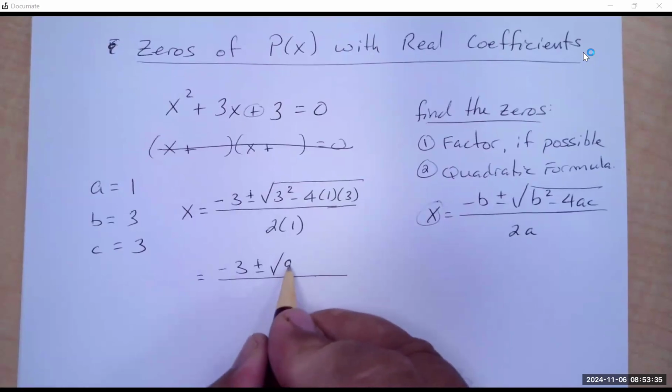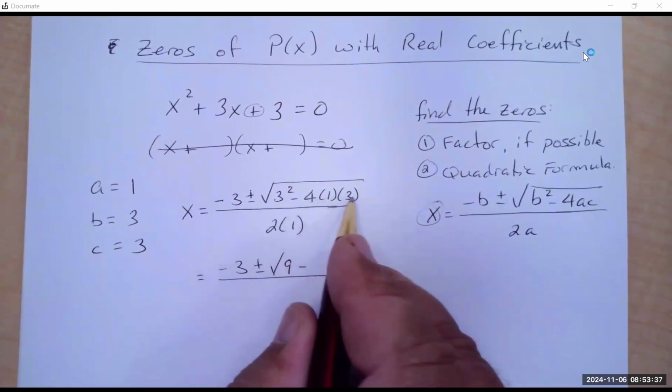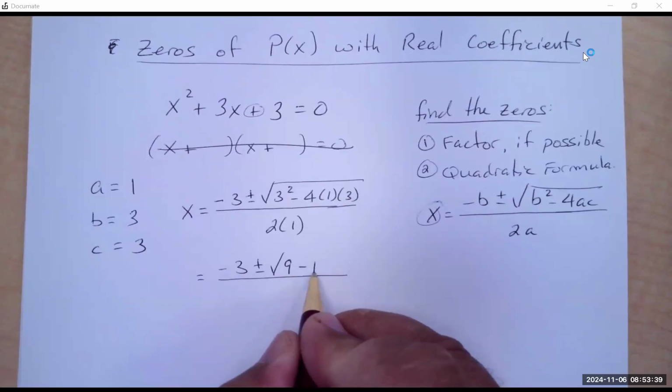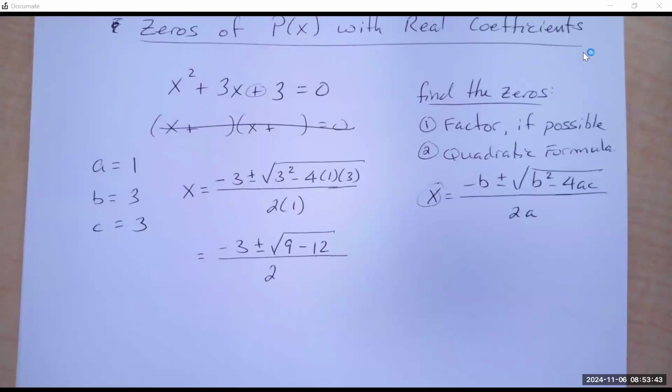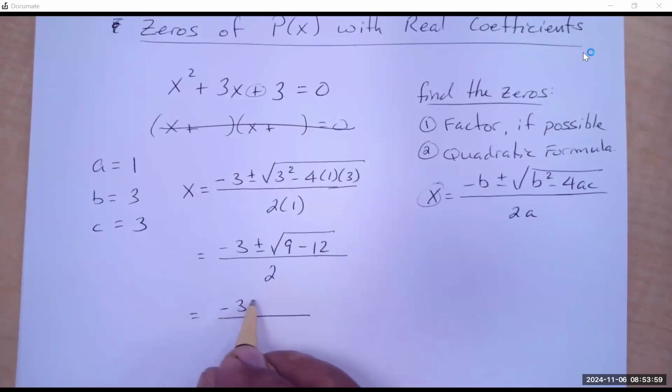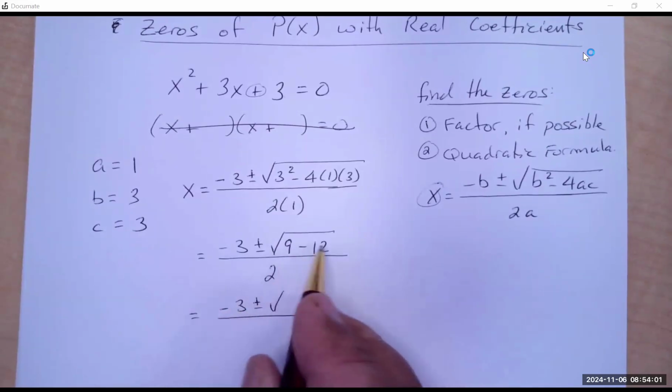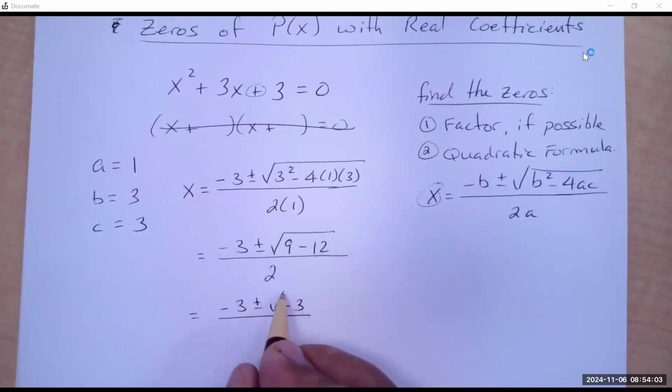Three squared is 9. 4 times 1 times 3 is 12. Negative 3 plus or minus the square root of 9 minus 12 is negative 3, over 2.